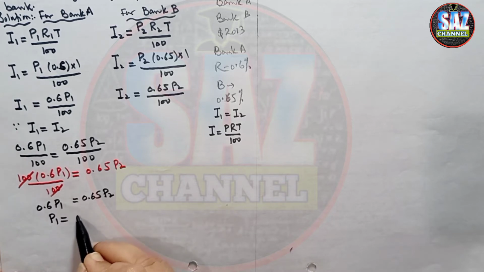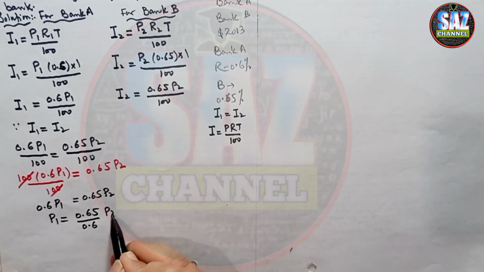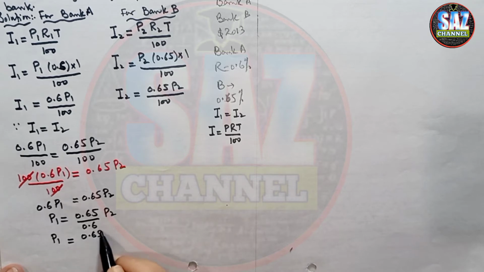P1 will be equal to 0.65 upon 0.6 P2. Now in order to simplify this expression, we can remove the decimal. 0.65 upon 100 multiplied by 10 over 0.6.